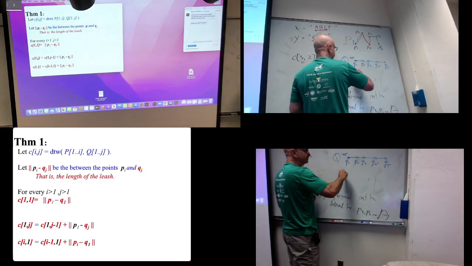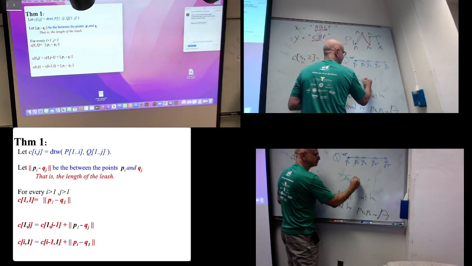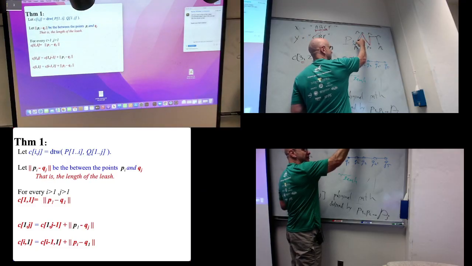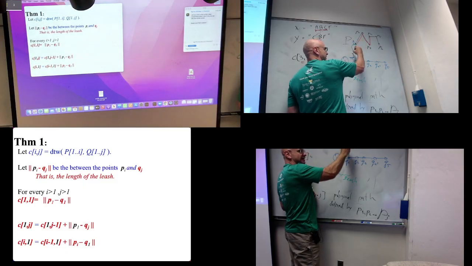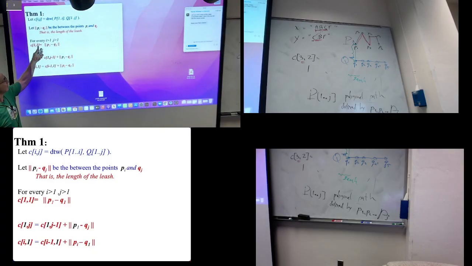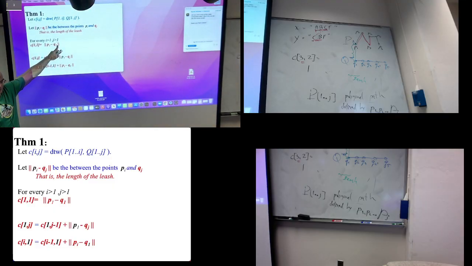Let's use green. Green is leash. So I'm measuring the total sum of length of leashes when they both start at P1 and Q1. That is, I measure the distance over here. I need to pay this leash no matter what. That's the leash at the beginning. That's also the leash at the end. It's the only leash that I'm ever going to use in the case of C11. So what is C11? It's just the length of the leash, the distance between P1 and Q1.